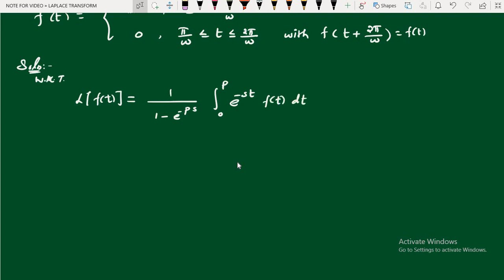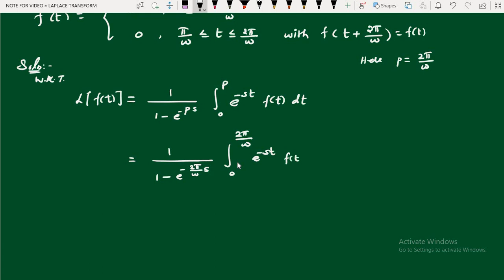Here in this problem the value of p is 2 pi by omega, which is the period of this half sine wave rectifier function. So just replace p with 2 pi by omega. Therefore 1 by 1 minus e power minus 2 pi by omega into s, times the integral from 0 to 2 pi by omega of e power minus st f of t dt.